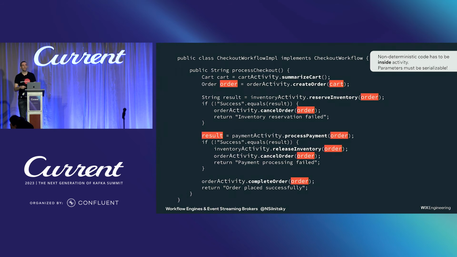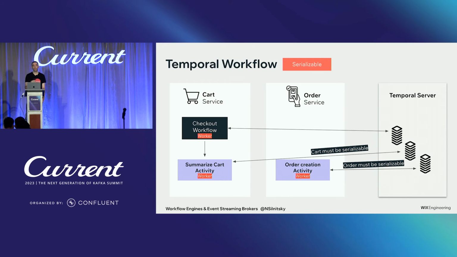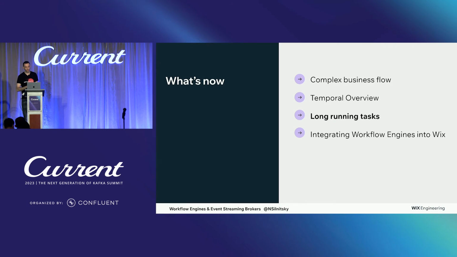I passed it to the activity, and then in runtime, Temporal failed because I didn't specify that Java exception in the serializers or deserializers that I put to Temporal. So, of course, this serialization has to happen because Temporal server is the orchestrator. It does this over the wire with gRPC. So you have to specify serializable for all the parameters that you pass.